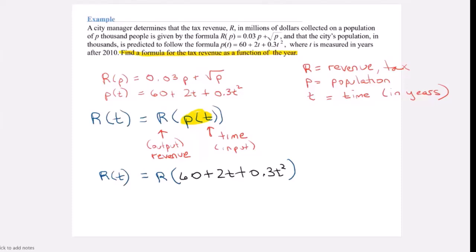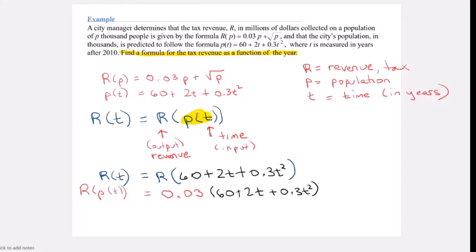So what we're going to do is plug this in to my revenue. So I get R of P of t is equal to 0.03. Now, wherever I had a P before, I have 60 plus 2t plus 0.3t squared.